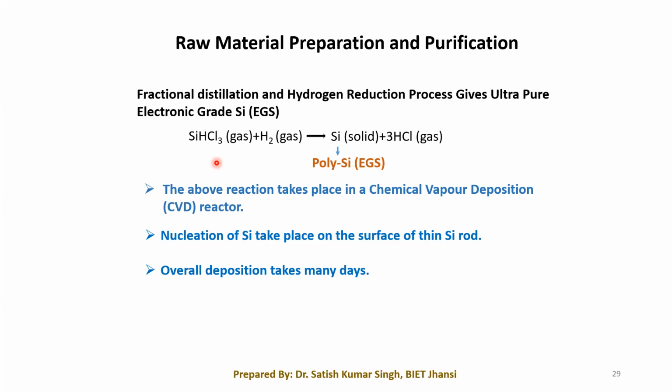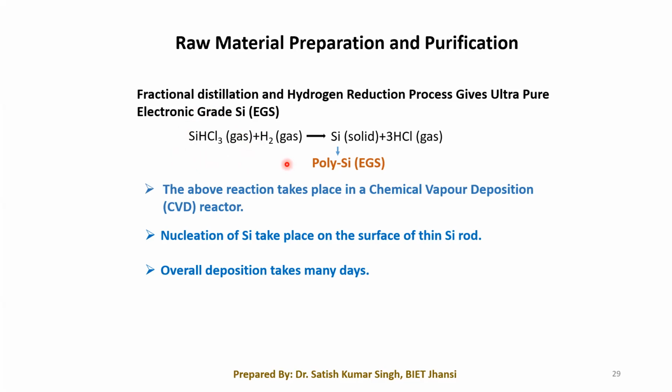Then what we have to do in the CVD process is place a very thin rod of polysilicon, because it will be heated, and the silane will be converted into gas.